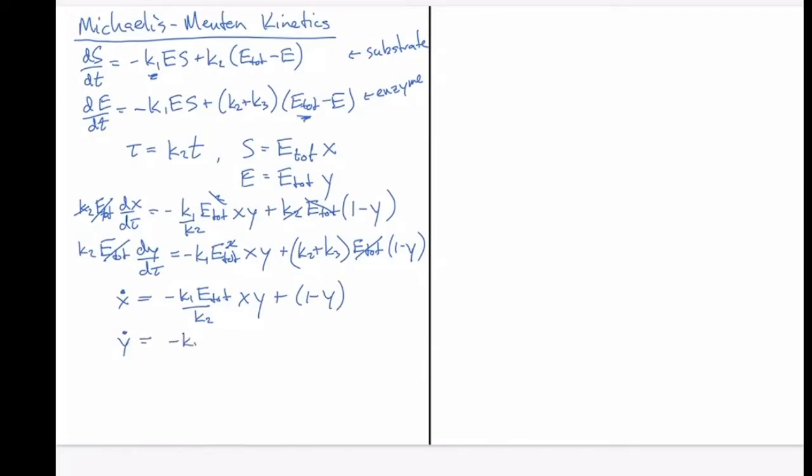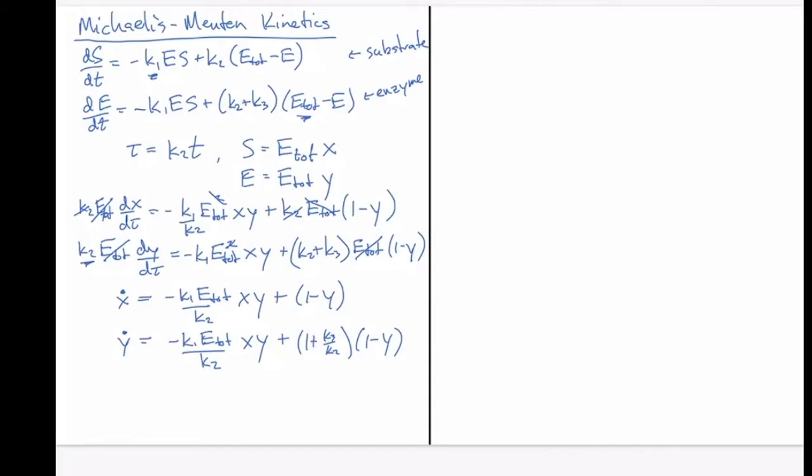And in the y equation, I have, again, that minus K1 e-tote. And when I divide through by this K2 here, I get a K2 in the denominator. So that's the same non-dimensional term in front. And then I have an xy plus, and now when I divide through by K2, I get 1 plus K3 over K2. And that's a non-dimensional combination of parameters there, and then that's multiplied by 1 minus y.